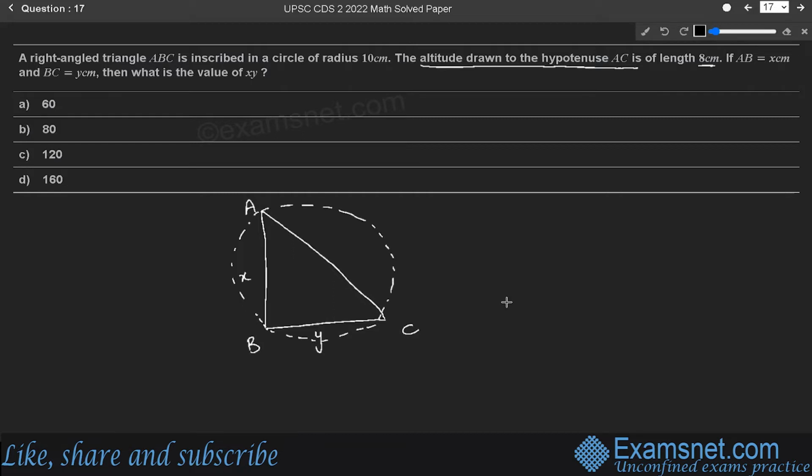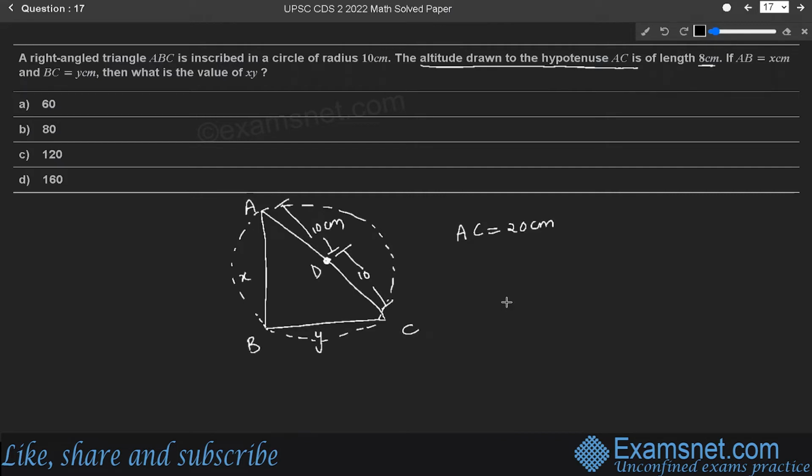And the radius is given, which is 10 centimeter. Let this be the center. It is just a rough diagram to make you understand. Radius is 10 centimeter. It means that this is also 10 centimeter. Let us name it D. We know that DC is 10 centimeter and AD is 10 centimeter. So AC will be equal to 20 centimeter.